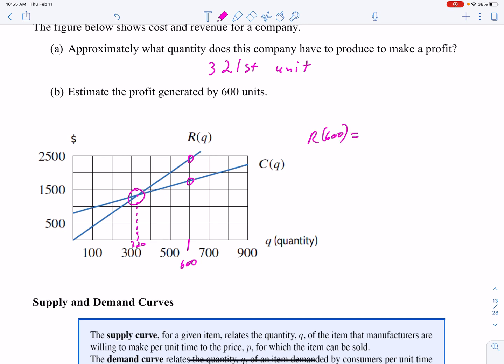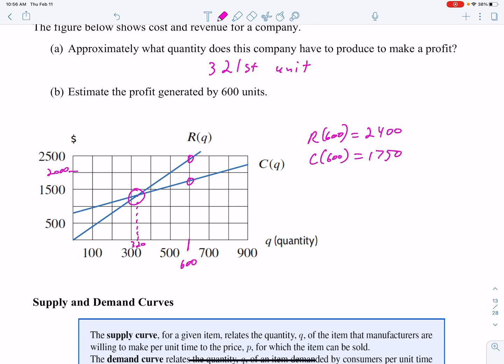This here is 2,000. So what does that look like to you? 2,400? Remember, we're estimating because of the graph. And then the cost at 600 units looks like about 1,750?